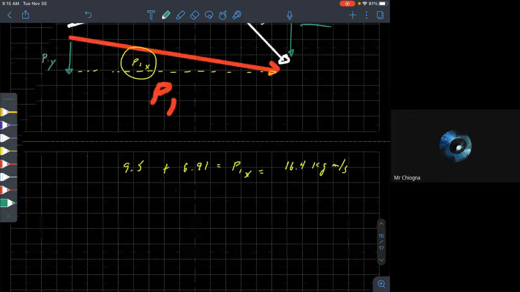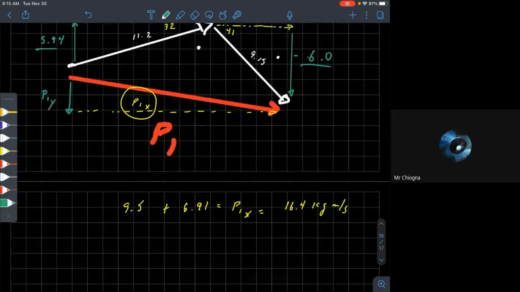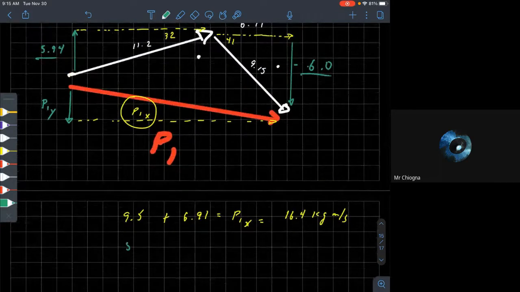P1y. Such that what? 5.94 minus the 6 is equal to P1y, which is equal to 0.06 negative.